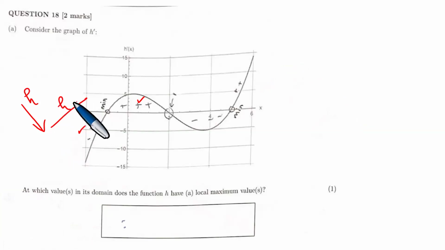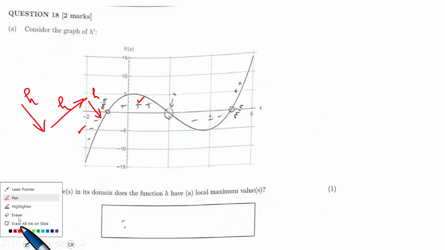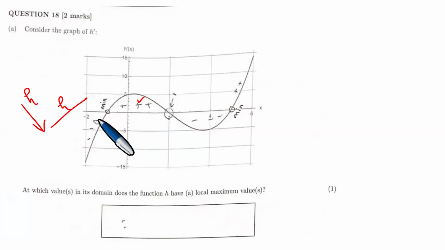Where the derivative is positive, the original function h runs upslope, but at a decreasing rate, so it's upslope, upslope. And then here it runs downslope.